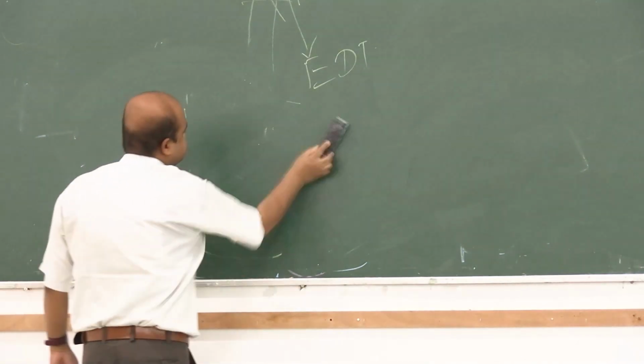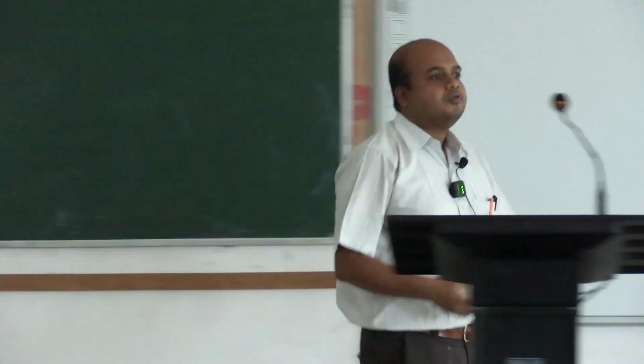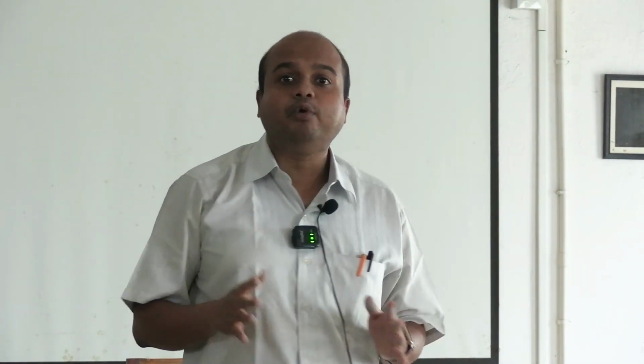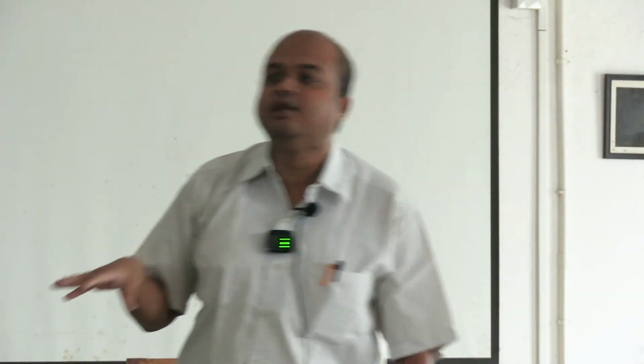So that's why the Vasa recta is not called countercurrent multiplication. What we call countercurrent multiplication is one after another increasing, which is what happens in the loop of Henle.